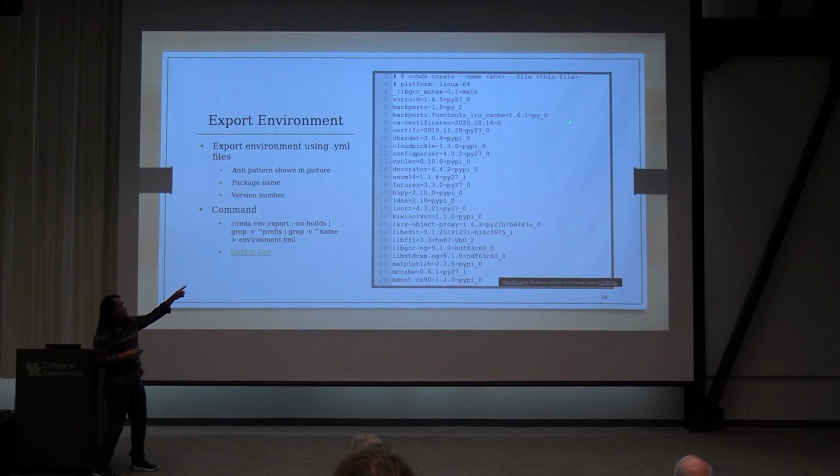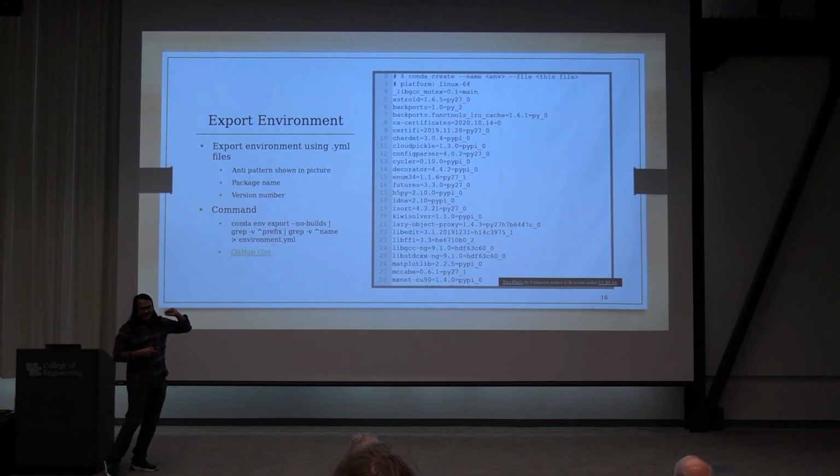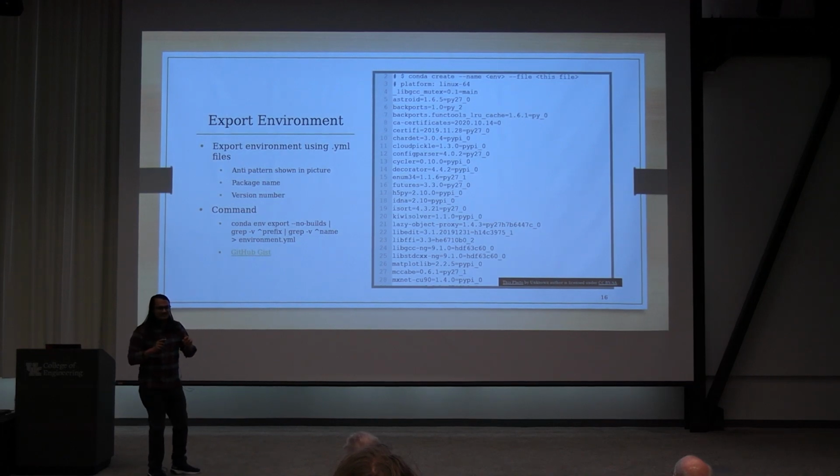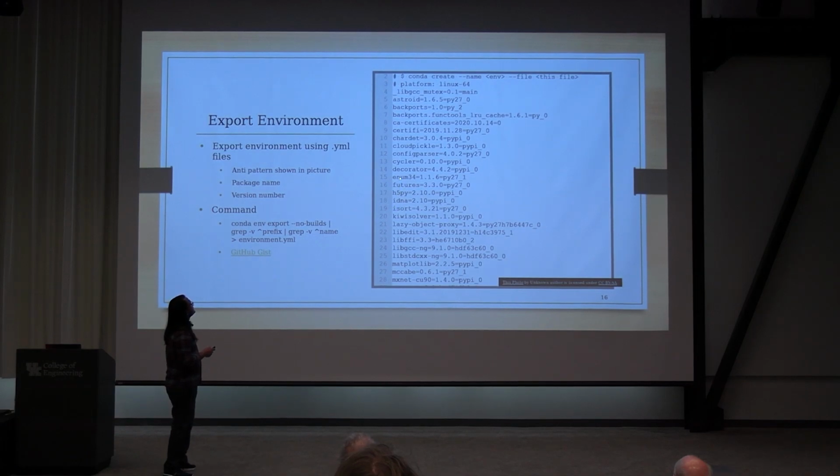So in the picture that I have over here, I show an anti-pattern. This is how you should not export your environment.yaml files. So why is that? Let's look at this, futures. It has 3.3.0, so you'd want to have only till this much. You don't want this extra thing on the right.